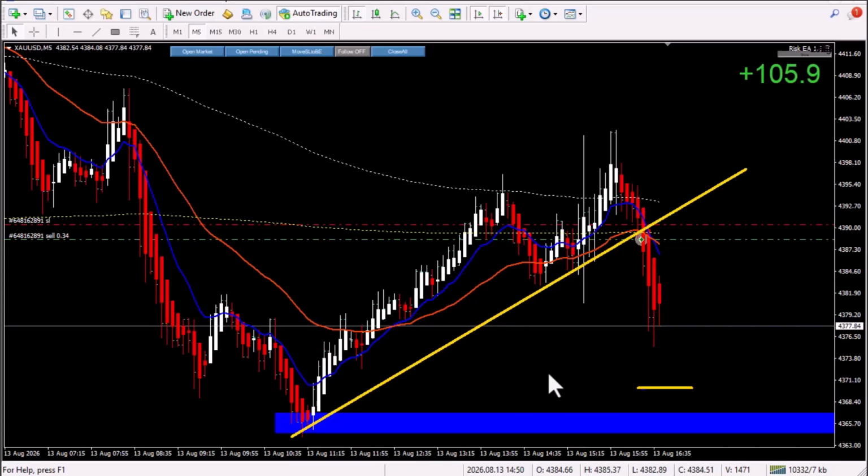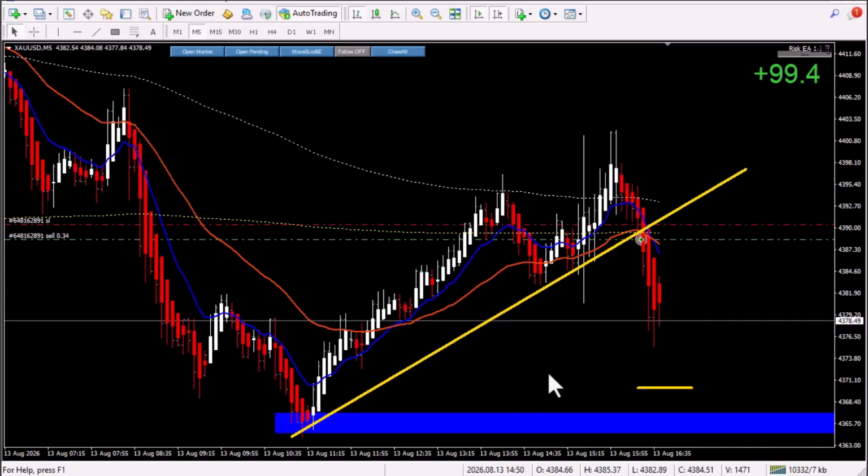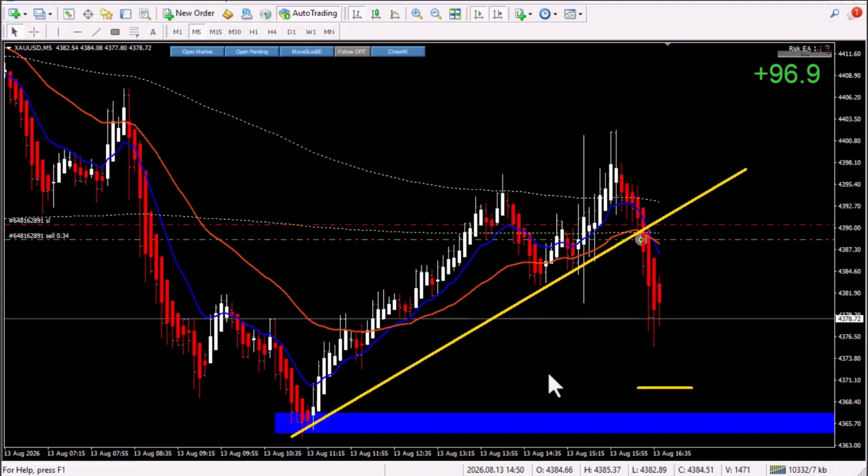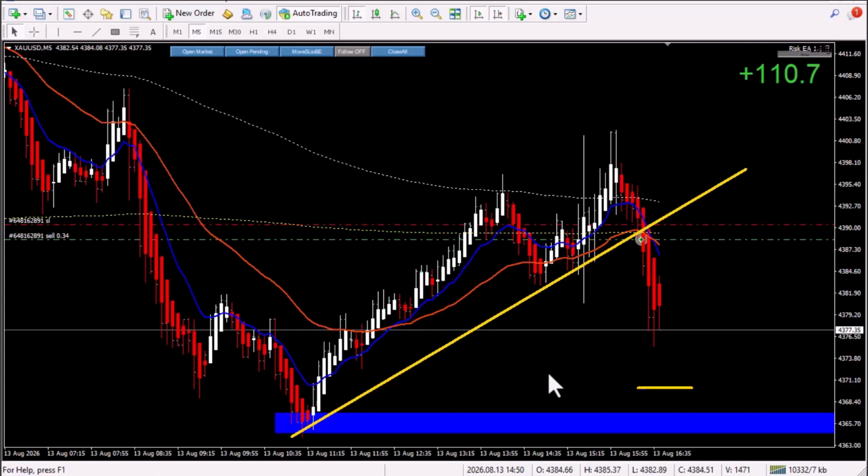Here you can see the price started retracing on the 5 minute time frame a little bit, went almost 40 pips. Again with 100 pips of profit, the trade is running. Let's see how it moves.